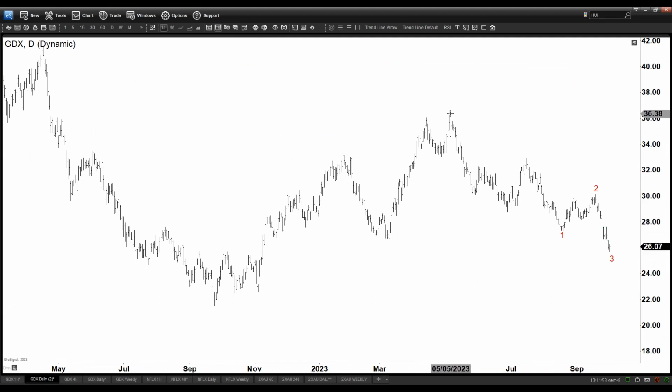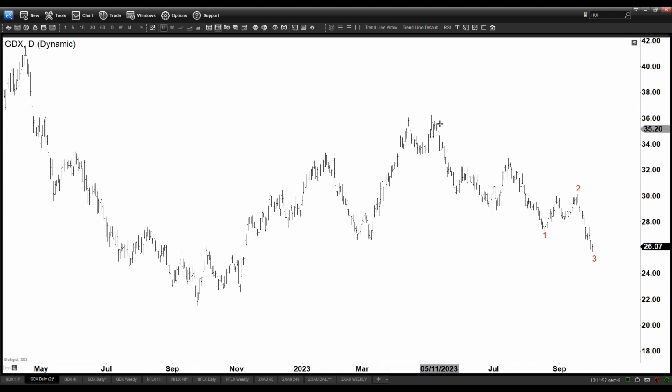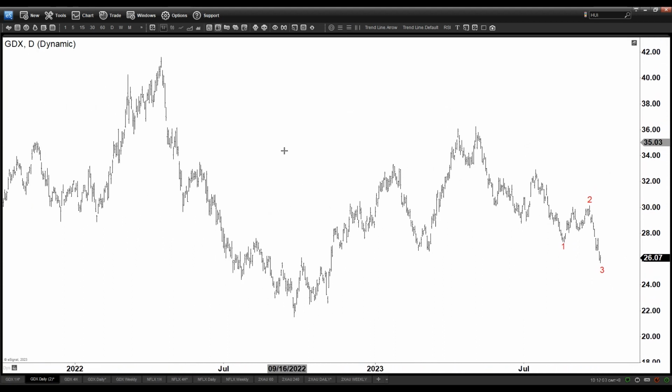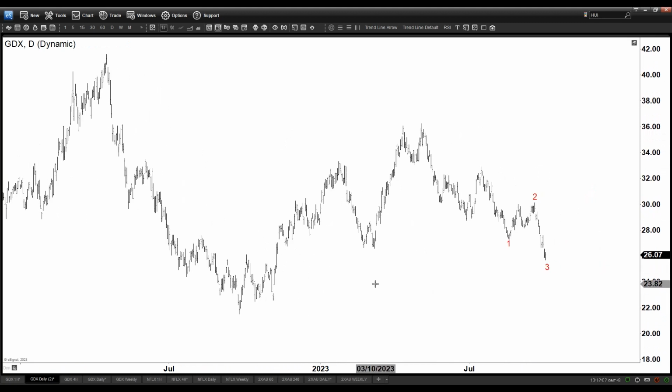We can see from the peak here we do have a lower sequence, a lower structure, and depending on your view towards this low in 2022, if you believe it is going to hold, then we can consider this pullback to be some sort of ABC. So from here we have this A, B, and then now in the C.